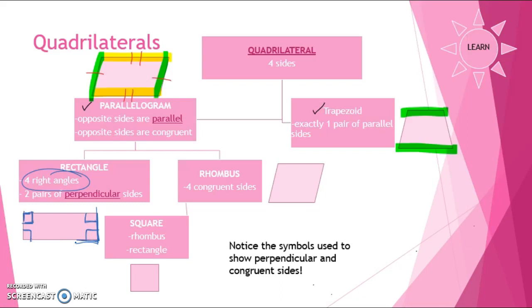And then we have squares, which are both rectangles and rhombuses. A square meets all of the rules for all of these. Okay, it is both a rhombus and a rectangle. Got it?